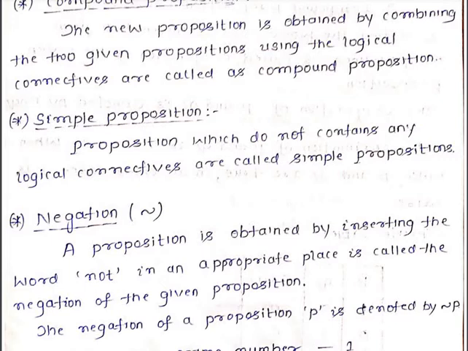The negation of a proposition P is denoted by tilde of P. This you can read as not P, because we are going to use the logical connective word that is nothing but not. Negation is nothing but not.